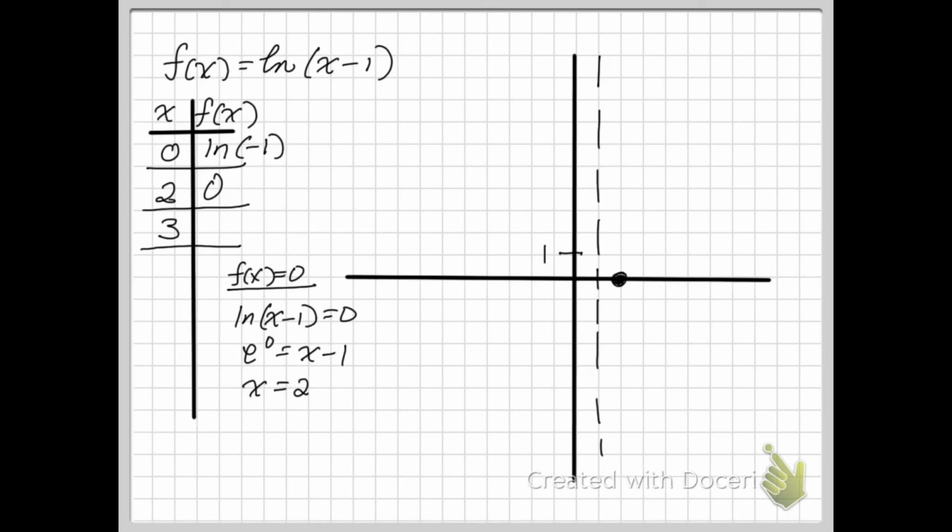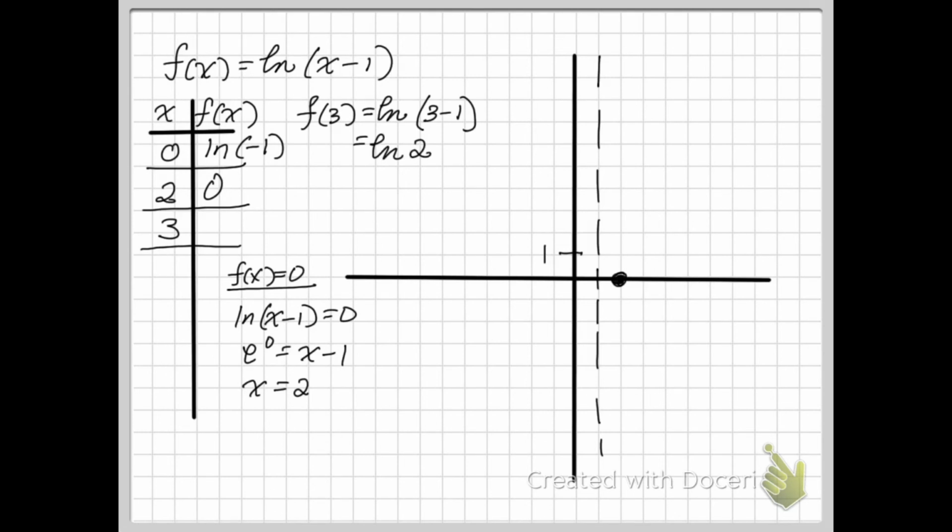We really just need to know if this is positive or negative, if you can think about why that is. So f of 3 is equal to ln of 3 minus 1, which is ln of 2.